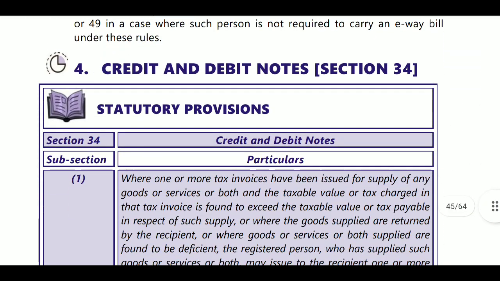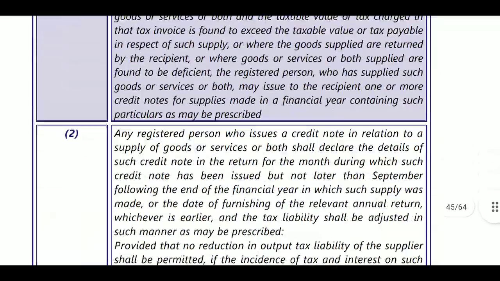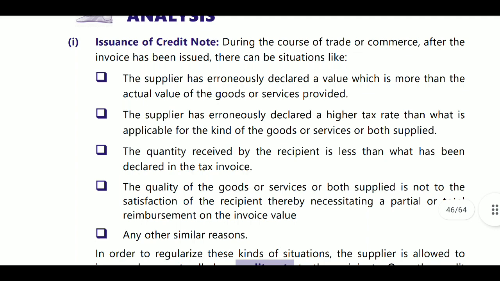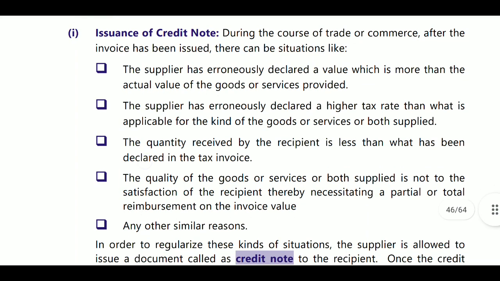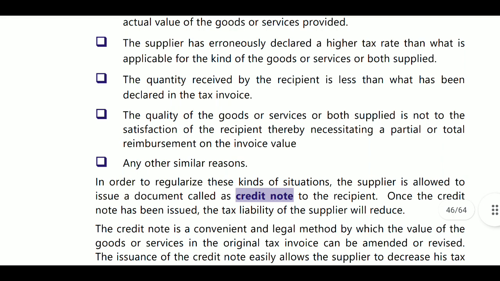Next, here is the main important section 34, that is credit note and debit note information. What is there in credit note and debit note? Issuance of credit note. When will we issue the credit note? The credit note will be issued when one or more tax invoices have been issued for the supply of any goods or services or both.